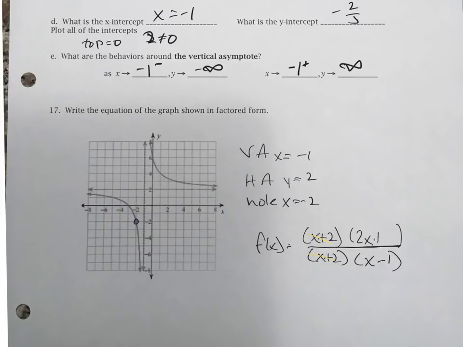Now what you have here, plus or minus, is up to you, and what you put here is also up to you. So this could be 2x plus 5, this could be 2x minus 7, this could be 2x minus 3, whatever you'd like it to be, but it doesn't matter. It's got to have that 2x in there.